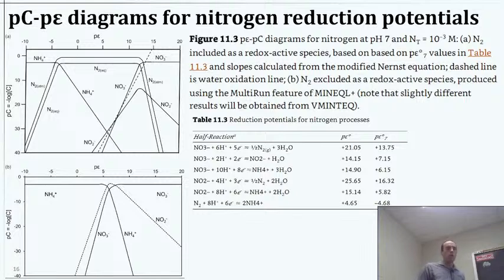Okay, so one other example of a pe-pH diagram, a common one here, is the nitrogen reduction potentials. We could look at a plot with basically everything on it. This one's a bit simpler.